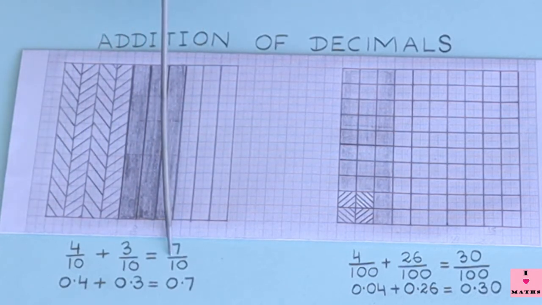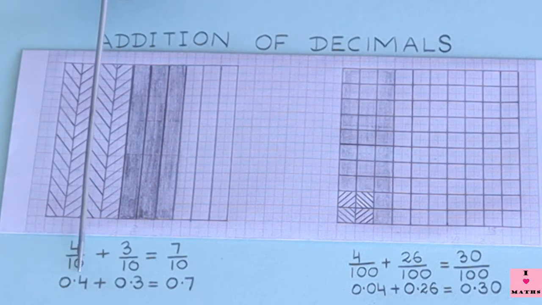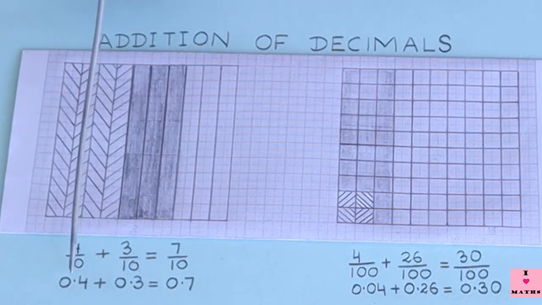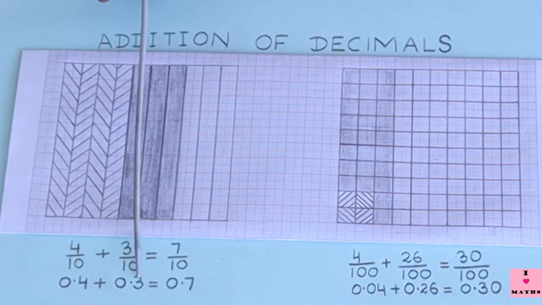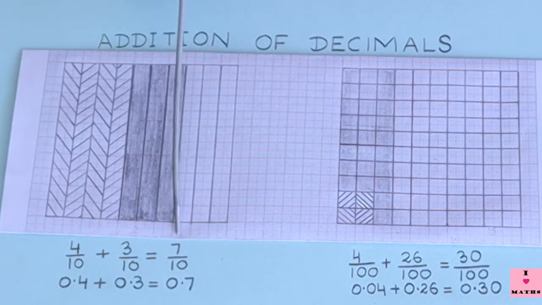So 7 upon 10, which is equal to 0.7. So children, 4 is at the 10th place and 3 is also at the 10th place. At 1's place we have 0. So when we add the 10th place's digits, we get 0.7 as the answer.